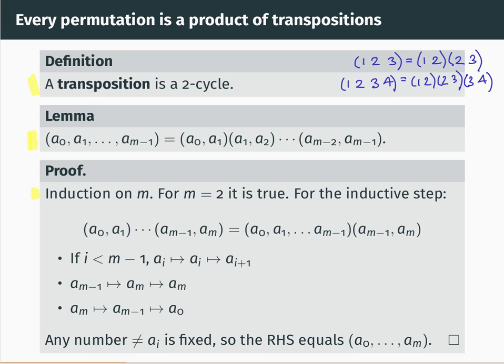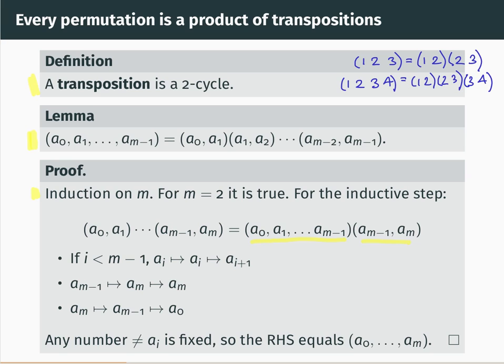But if you think about all of the terms in that product except the last one, then the inductive hypothesis would tell you that the product of the first m minus 1 terms there would be this m-cycle. So all we have to do in our inductive step is to prove that that m-cycle times the final transposition (am-1, am) is equal to the (m+1)-cycle (a0, a1, a2, up to am).